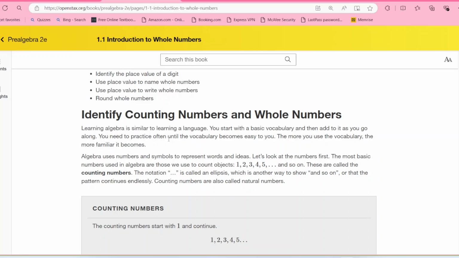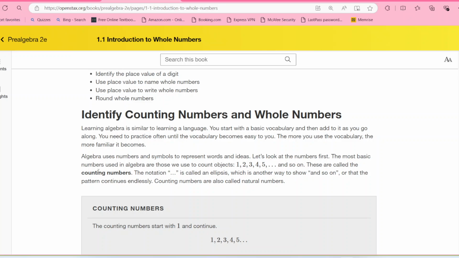You need to practice often until the vocabulary becomes easy to you. The more you use the vocabulary, the more familiar it becomes. Algebra uses numbers and symbols to represent words and ideas. Let's look at the numbers first.